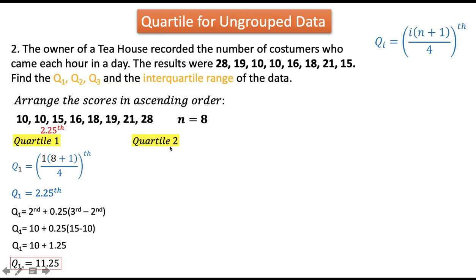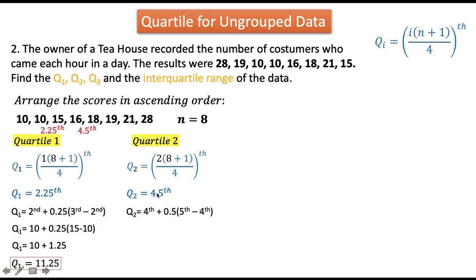So to solve for quartile 2, replace i with 2. Then our n is 8. 8 plus 1 is 9. 9 times 2 is 18. 18 divided by 4 is 4.5. So 1, 2, 3, 4. Our quartile 2 is located in here. So 4.5, that is between 16 and 18. So intuitively, we know that that is 17.